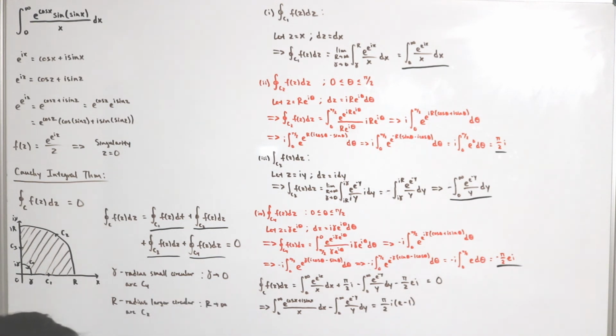Okay, cool. And so now let me expand this e to the cosine plus i sine z with what we have from here.